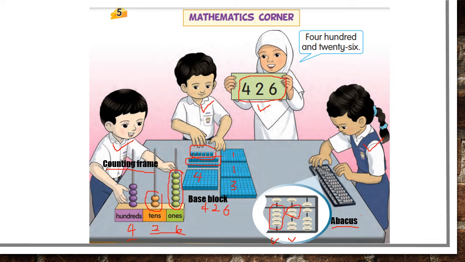And the last pillar of ones, we need 6. So the upper bead represents the value of 5. And the lower bead represents the value of 1. So 5 plus 1 is 6. So the number is 4, 2, 6. 426.